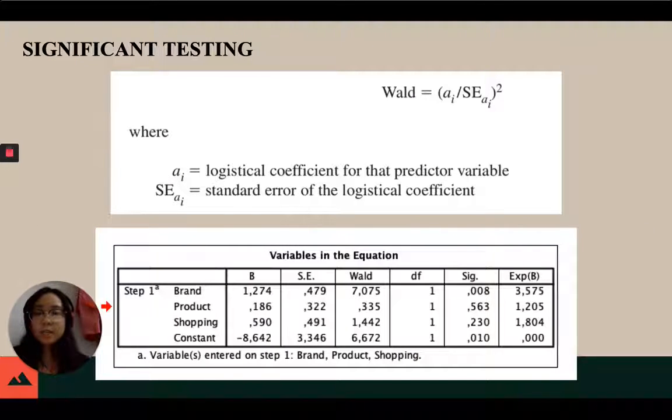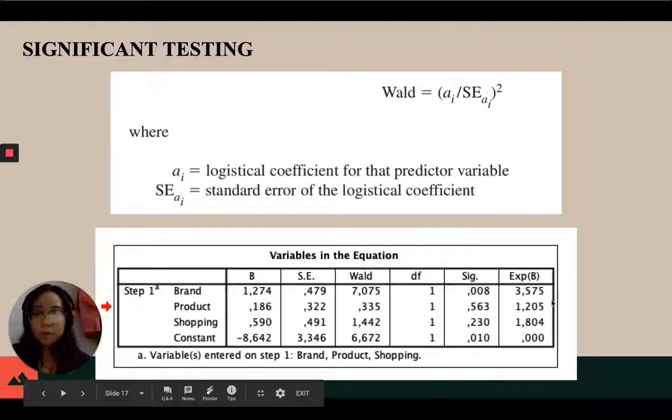Now, significance testing. In theory, we can test significance by using the Wald test, and the formula is given here. However, we do not have to calculate it ourselves. We can use SPSS to help us. Based on this table, we can find the results of the Wald test here.